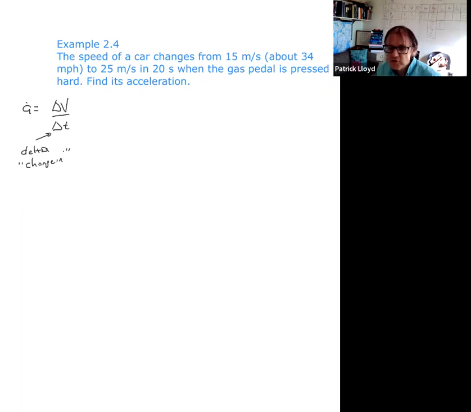Okay, notice that it's similar to the formula that we had for velocity, or speed, which was the displacement divided by the time. Now we're taking really the velocity change itself, the speed change divided by the change in time. Now, for most problems, they're going to tell you how long the time is. So usually delta t for these problems is just t.